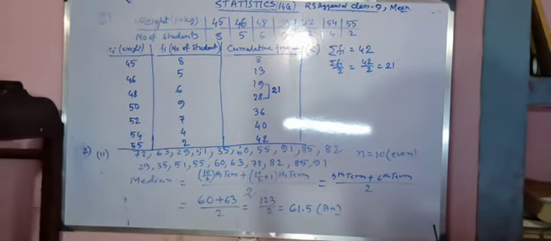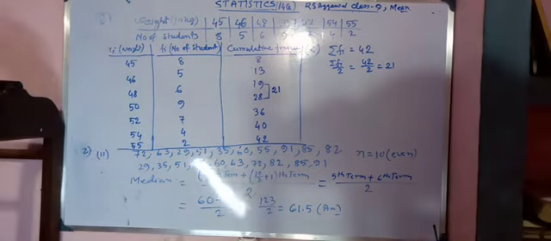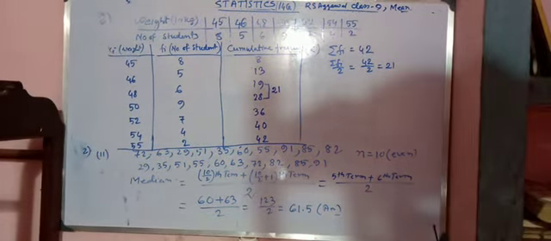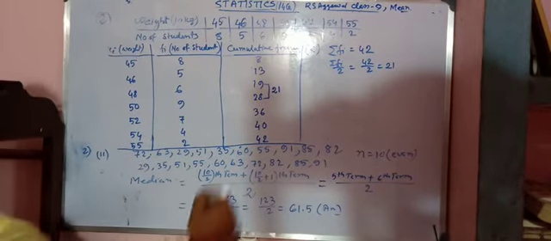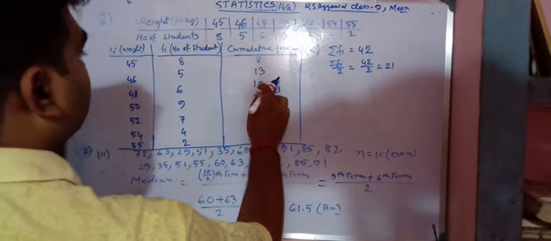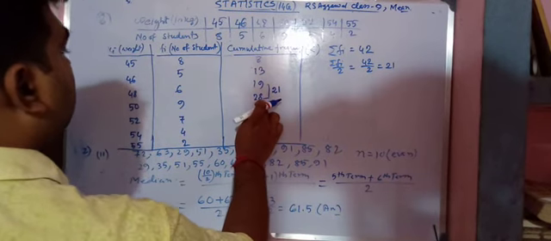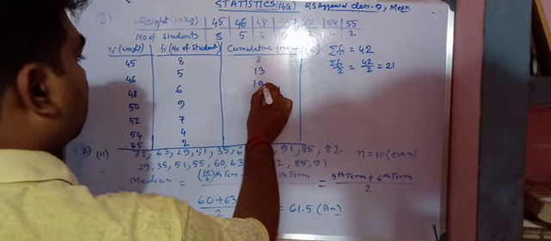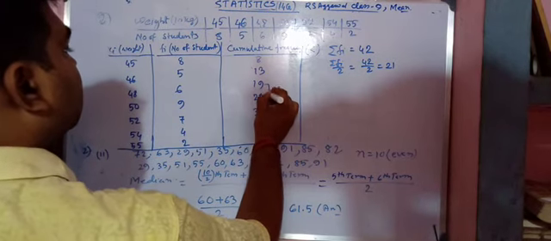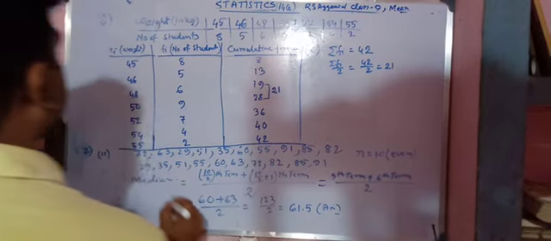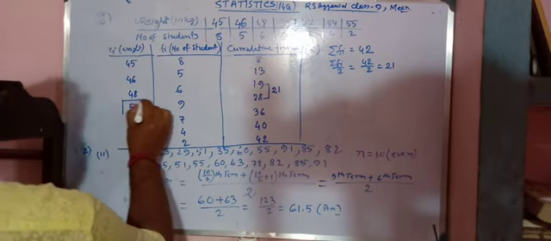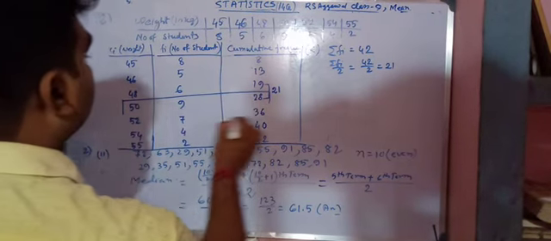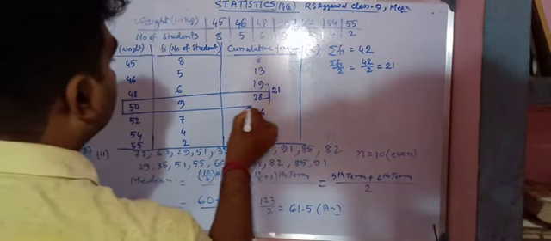Since 21 is my required value and it lies between 20 and 28, in this interval from 20 to 28, that will be my median class.